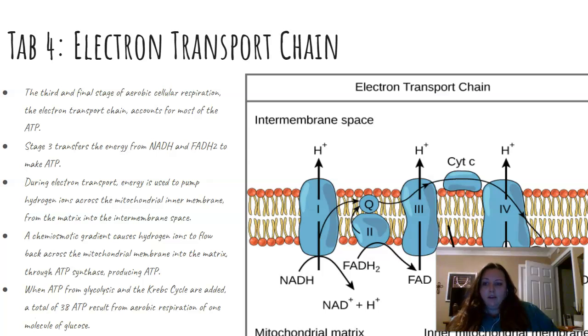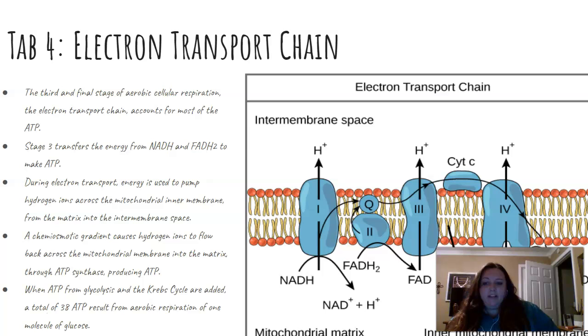So a chemiosmotic gradient causes the hydrogen ions to flow back across the mitochondrial membrane into the matrix. Through ATP synthase, it's going to produce this ATP. So by going back and forth and going across those gradients, you're actually generating this energy molecule.